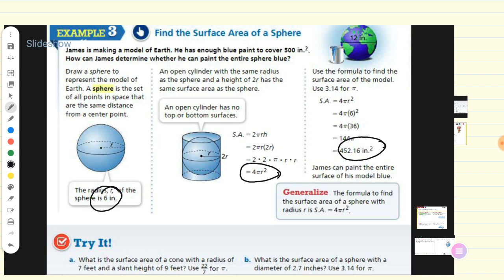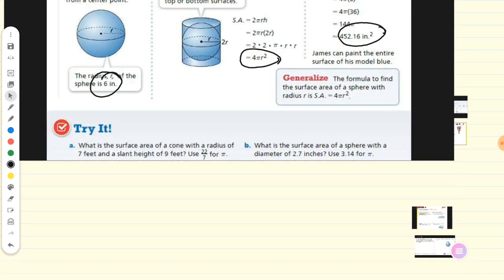Okay, let's solve that right one. What is the surface area of a cone of radius 7 feet? So this is r. And a slant height of 9 feet. So slant height, which is s, and use π as 22/7.